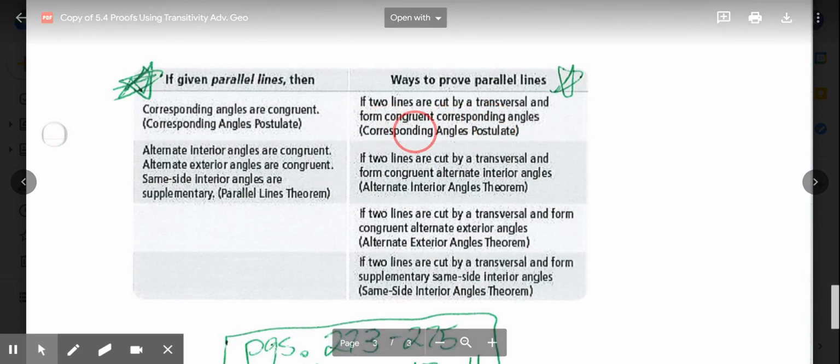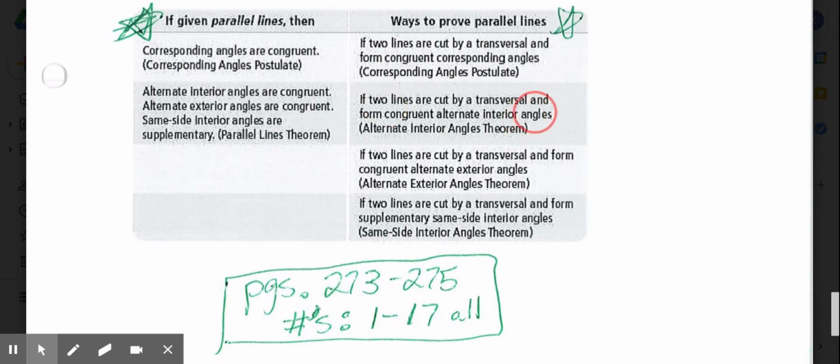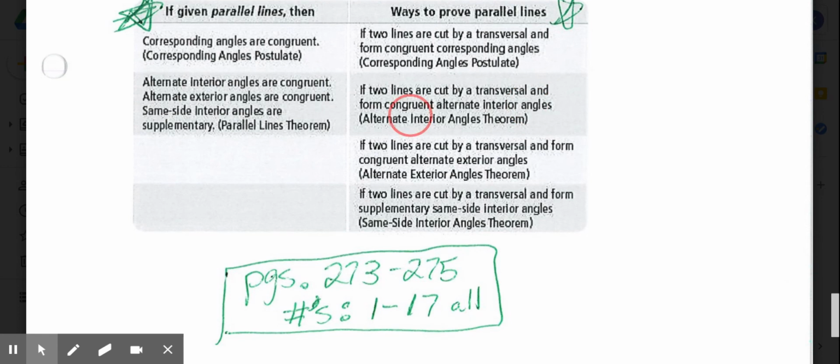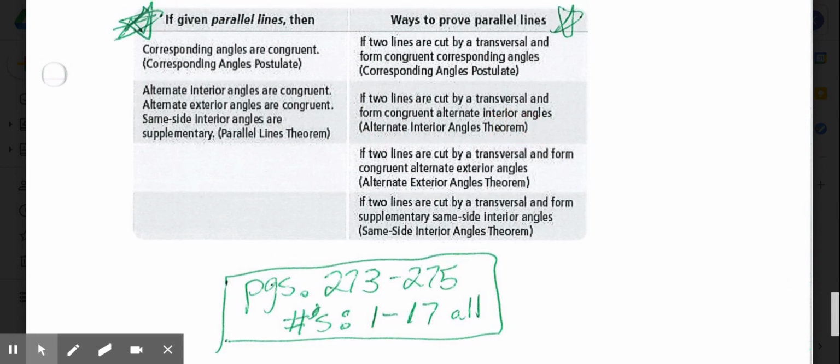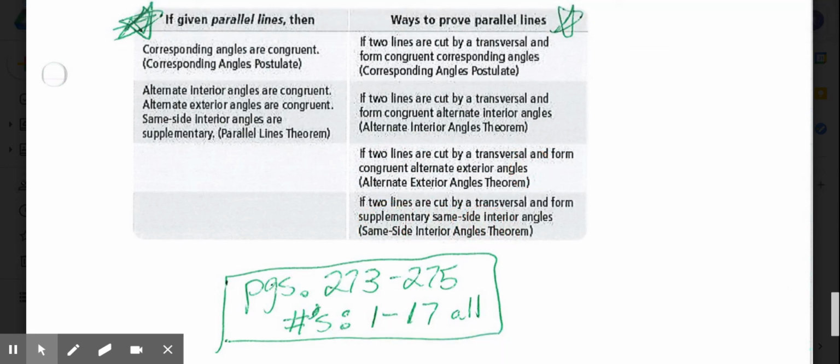That's the corresponding angle postulate. If two lines are cut by a transversal and form congruent alternate interior angles, so that would be the alternate interior angle theorem to prove the lines are parallel. We can use the alternate exterior angle theorem or the same side interior angle theorem.